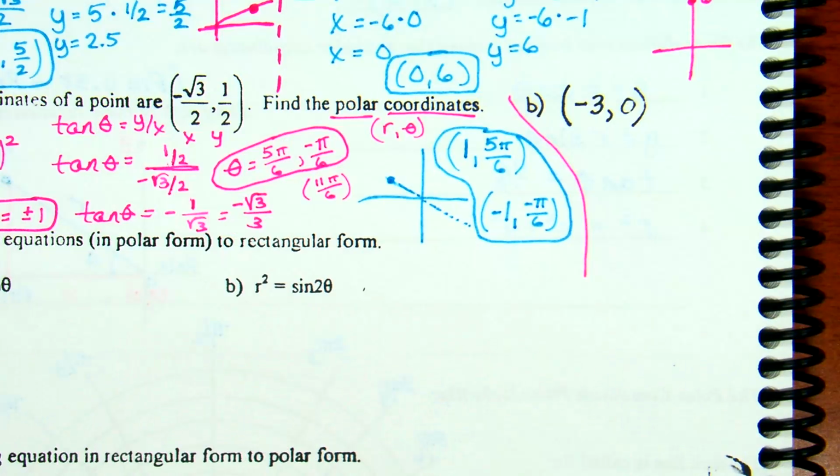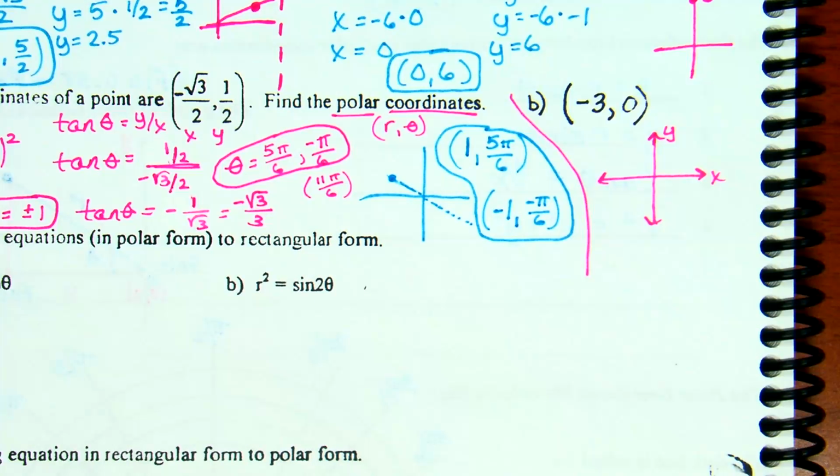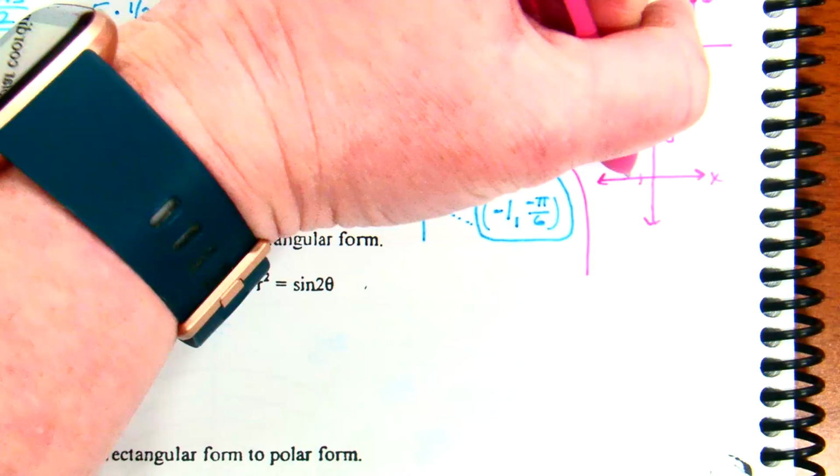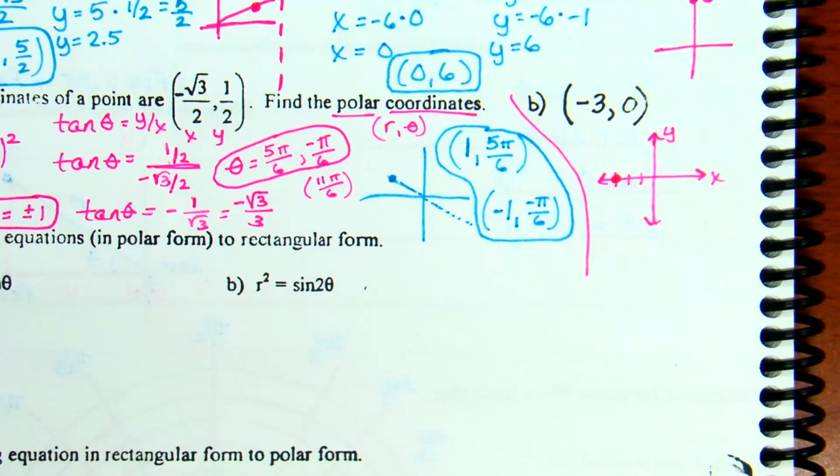So this is a rectangular coordinate, correct? Which means we're talking x and y axis. Where is the point -3, 0? X-axis 3 to the left, yes? That's old news. You know how to graph your rectangular coordinates. So I want to know what that is in terms of polar coordinates.